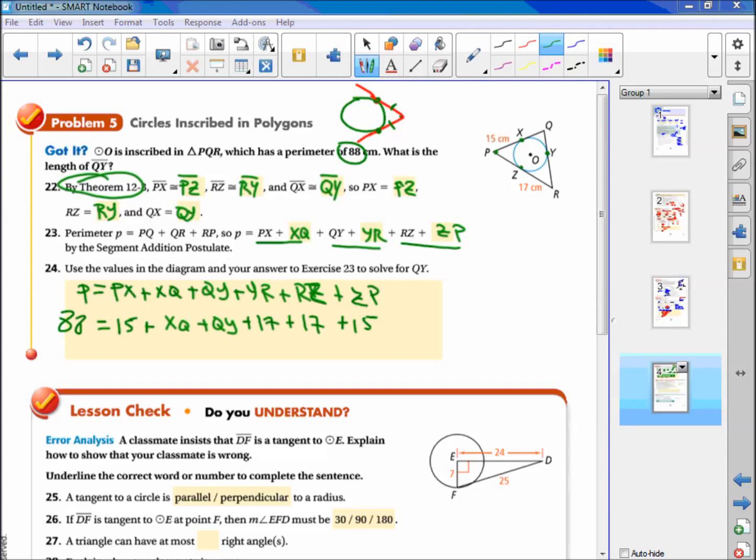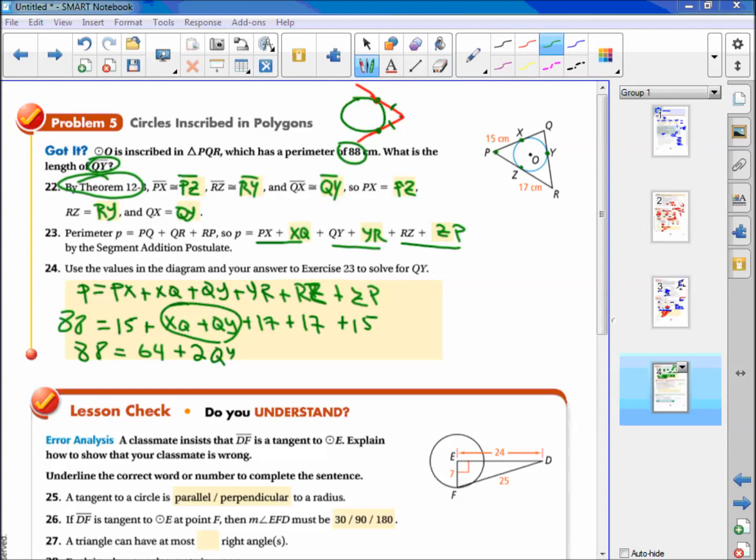So we can combine all of our numbers together. We get 88 equals 64 plus these two things. Now these two are congruent to each other, so let's just write them as one. Which one were we looking for? QY. So let's say 2 times QY.